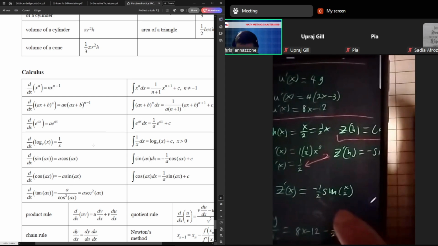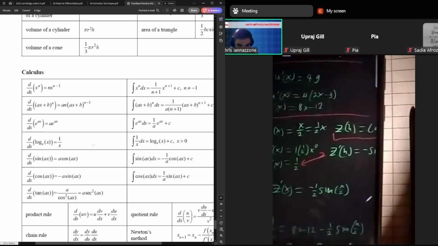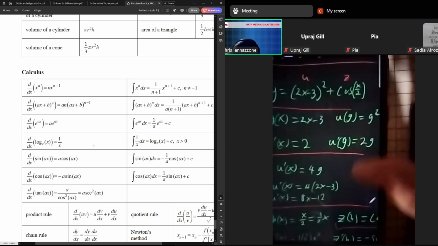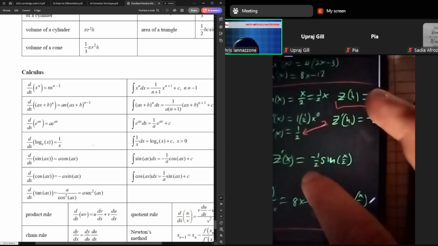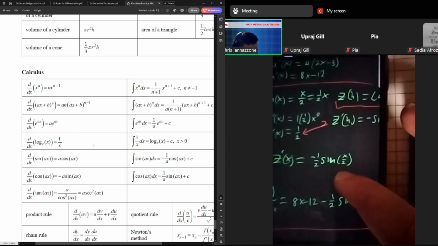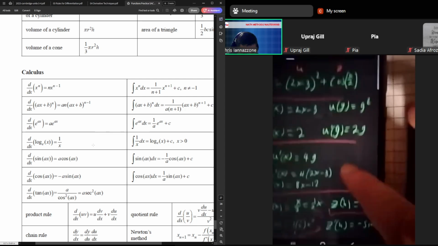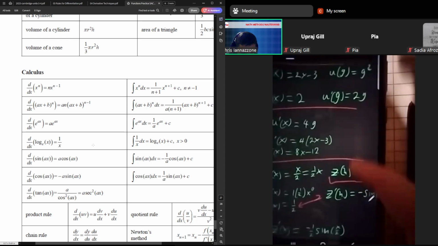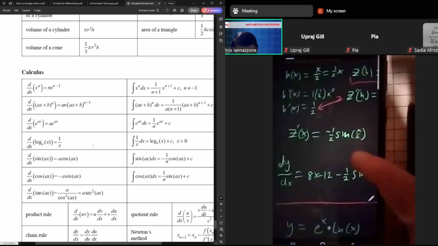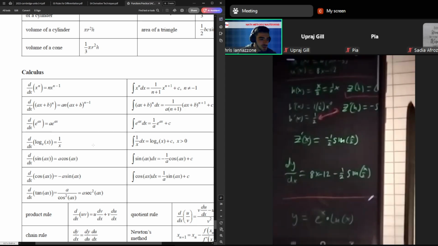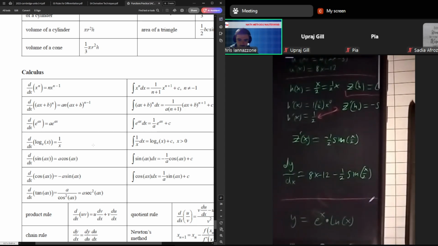The thing at the front is the a value, which is the coefficient. The coefficient was a half, so a half came out the front. It also says to just leave the brackets as they are. X over 2 was what we started with, and x over 2 is what we ended with. So it's solved some of these basic chain rules already for you, but it's good to know when and why to use chain rule.